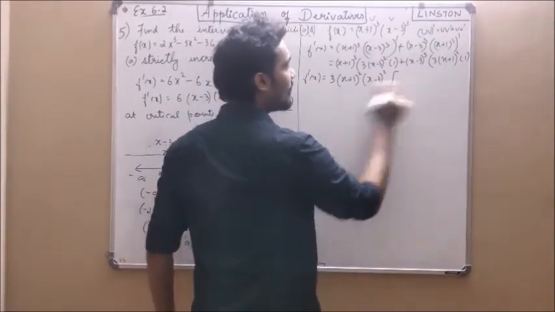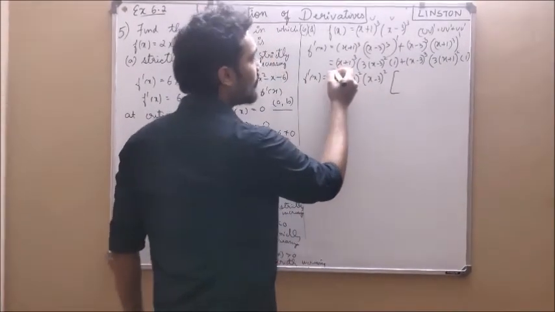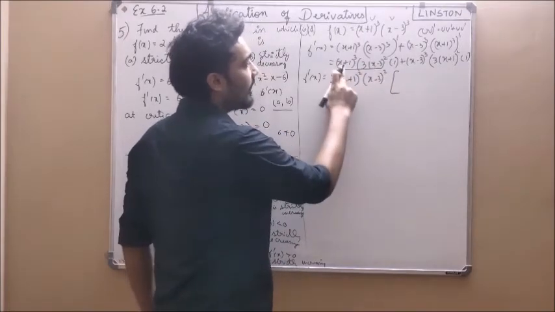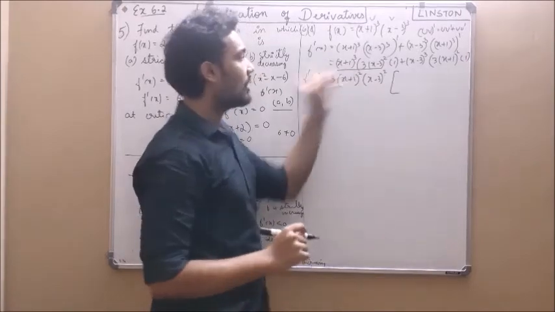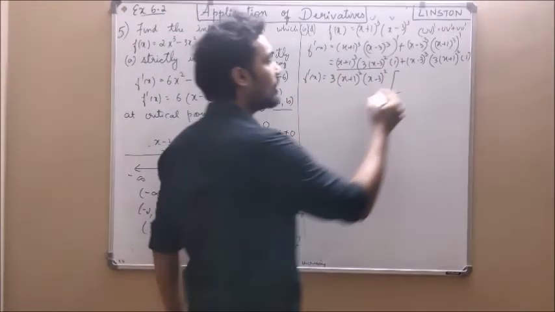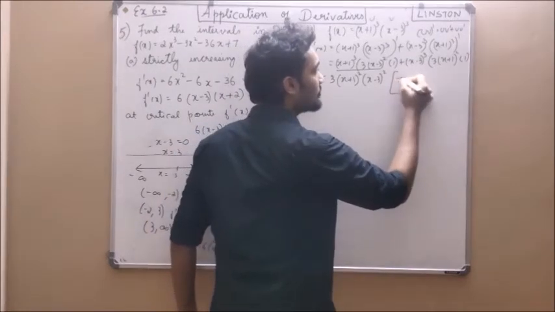So taking common, what remains? From the first term we have taken 3, (x minus 3) squared and (x plus 1) squared out, so one power of x plus 1 remains, that is x plus 1 inside.